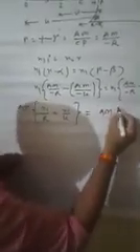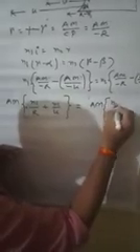Rearranging the above equation, taking AM common from both sides, we have AM times N1 by minus R plus N1 by u equal to AM times N2 by minus R plus N2 by v.